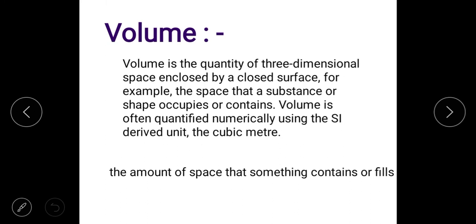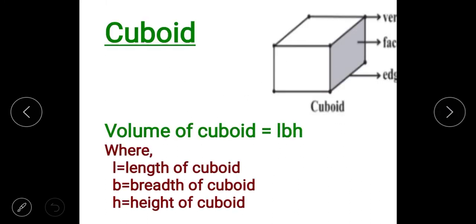The entire space that the figure or substance occupies is called the volume. Or simply you can say that the amount of space that something contains or fills is called the volume. Now, as you know, we discussed three types of shapes, that is cuboid, cube and cylinder.